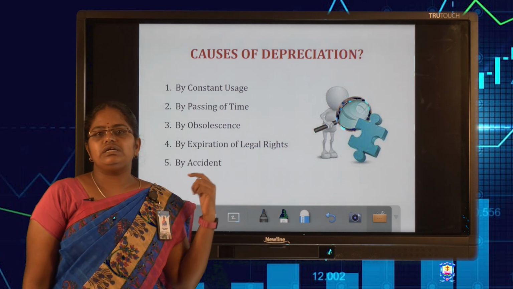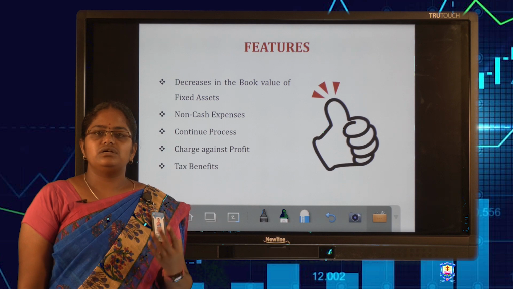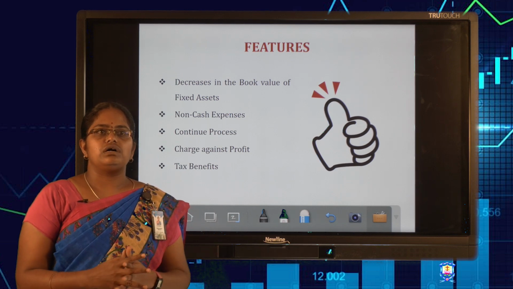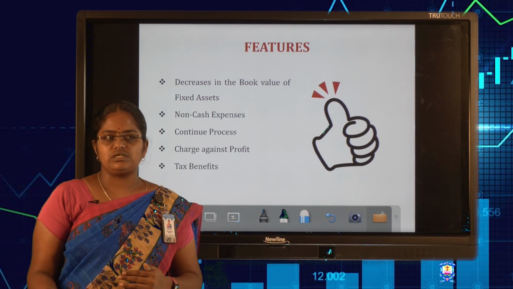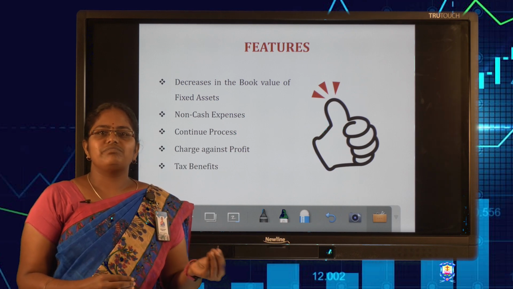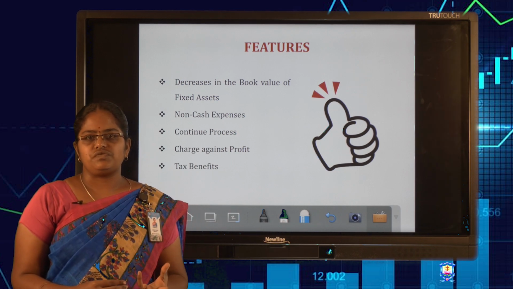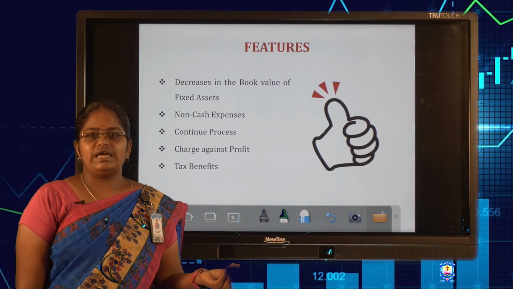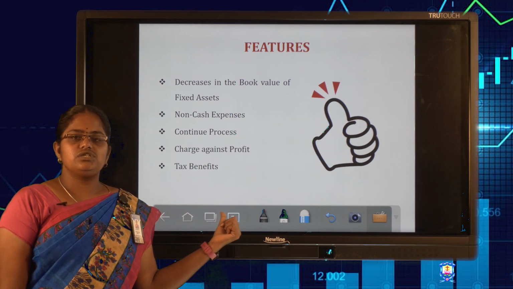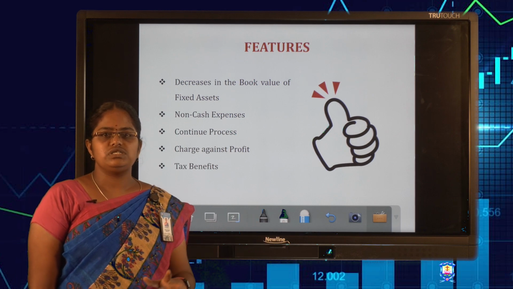By accident: it is caused either naturally, like fire accident or flood, which is called a natural accident, or by an uncertain situation, where some other causes occur unexpectedly. So based on accident, the depreciation is calculated.